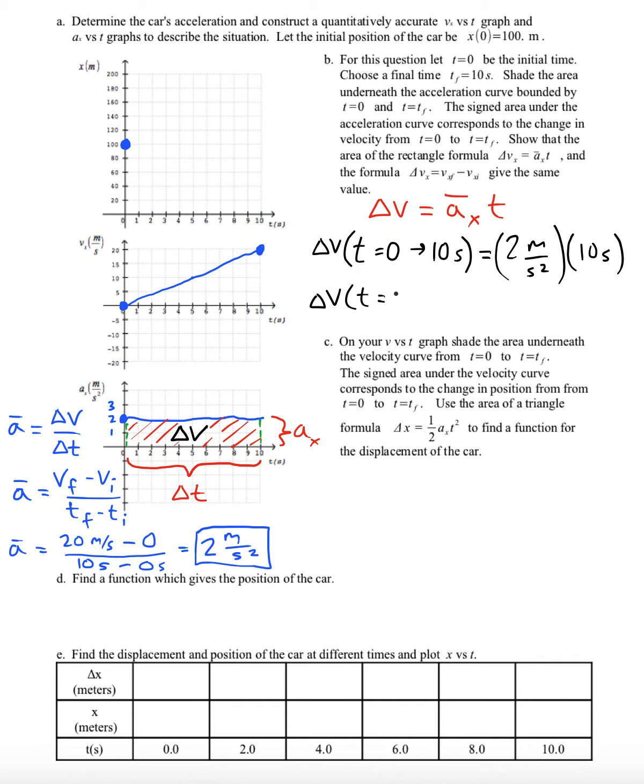And that tells us that our change in velocity should be 20 meters per second. And this is in agreement with what we see here. The height of this side of the graph is 20 meters per second.